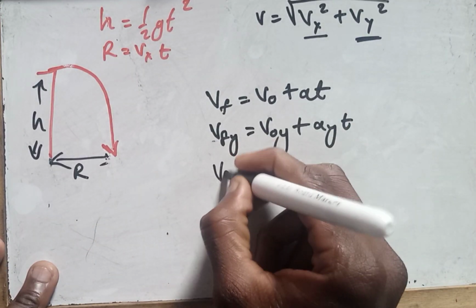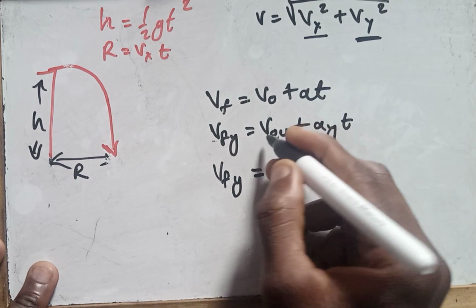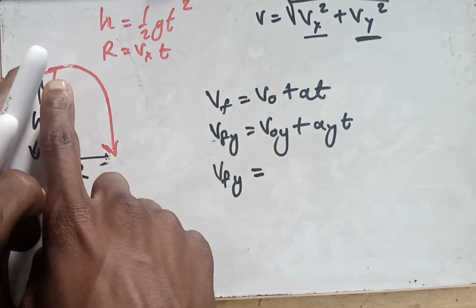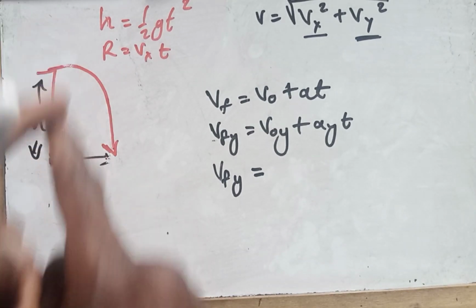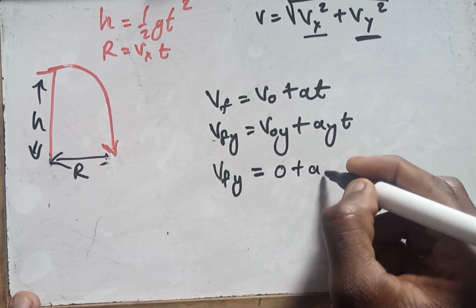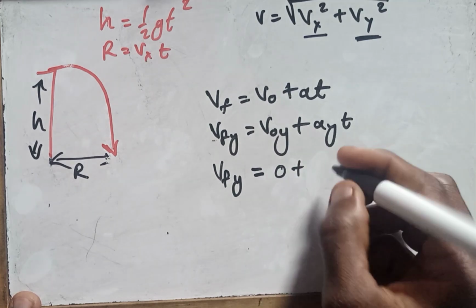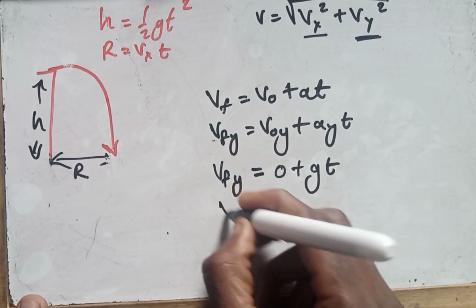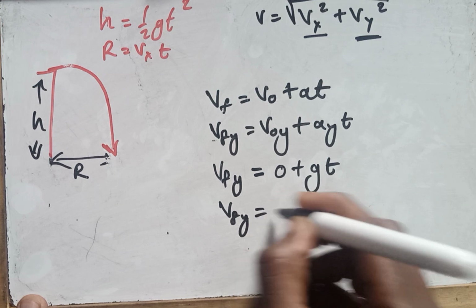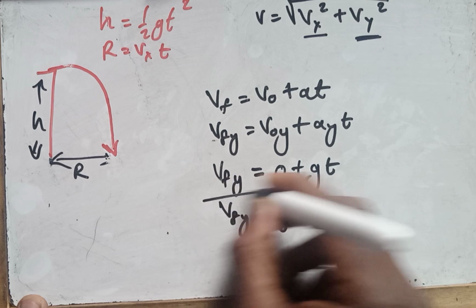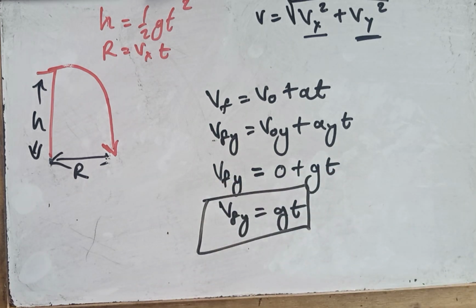The v initial in the y is the velocity the ball was moving at in the y-axis when it was thrown, which is 0, plus the acceleration due to gravity times t. So the final velocity in the y-axis is acceleration due to gravity times t. We use this formula to find the final velocity in the y-axis.